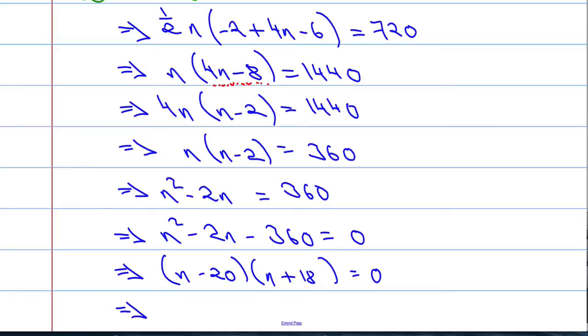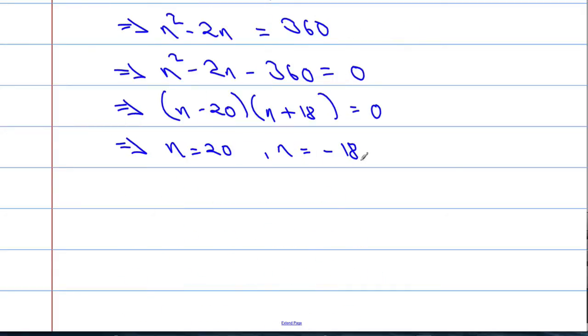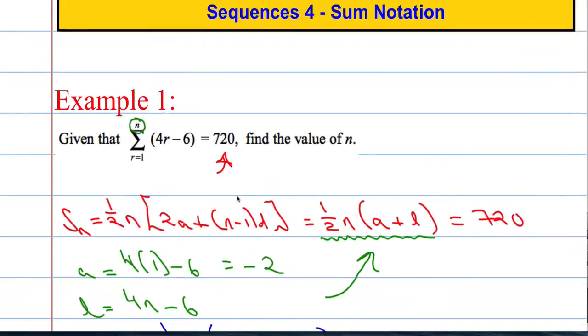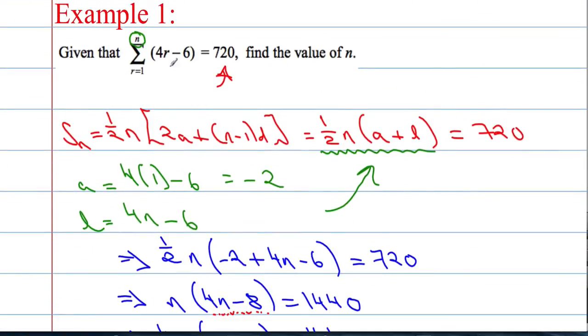Which implies that n must be equal to 20 or n must be equal to negative 18. Now, obviously we know that we can't have a negative 18th term, so it's not this one. That's not the answer we're looking for. It's 20. So if we add up the first 20 terms of this series, we're going to get 720.